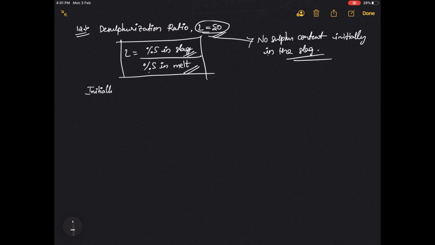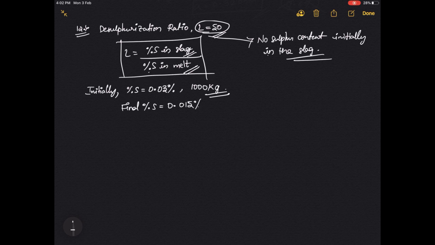Initially, the percentage sulfur in the metal is 0.03 percent, and the weight is 1000 kg. So in 1000 kg of melt we have 0.03 percent, and also what they gave us is the final percentage sulfur.